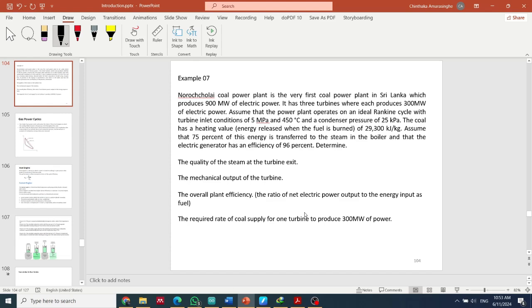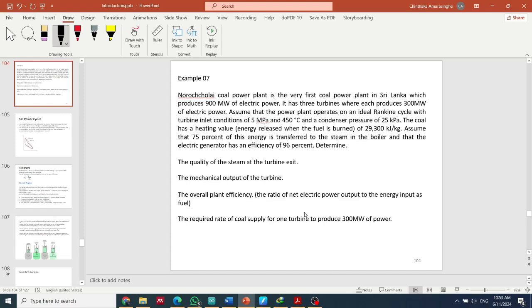The coal has a heating value, that means the energy released when the fuel is burned, of 29,300 kilojoule per kilogram. Assume that 75% of this energy is transferred to the steam in the boiler and that the electric generator has an efficiency of 96%. Determine A, the quality of the steam at the turbine exit, the mechanical output of the turbine, the overall plant efficiency, then the required rate of coal supply for one turbine to produce 300 megawatt of power.